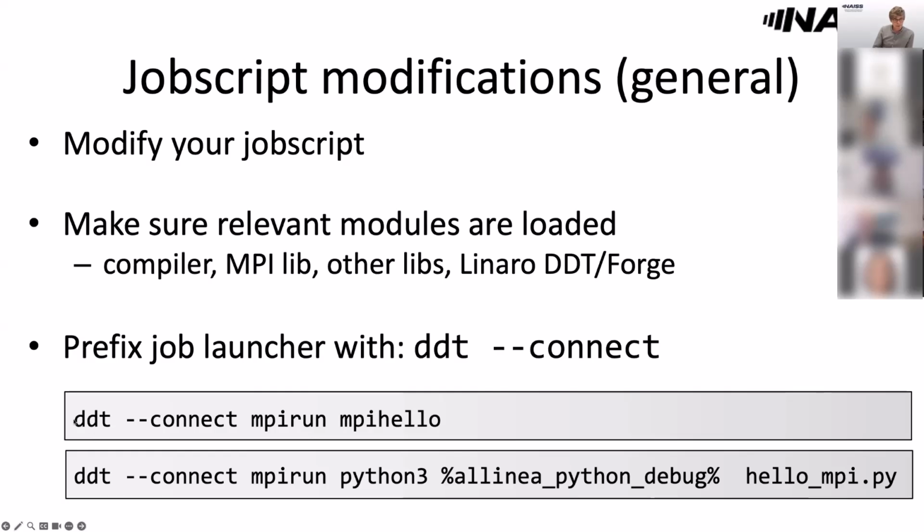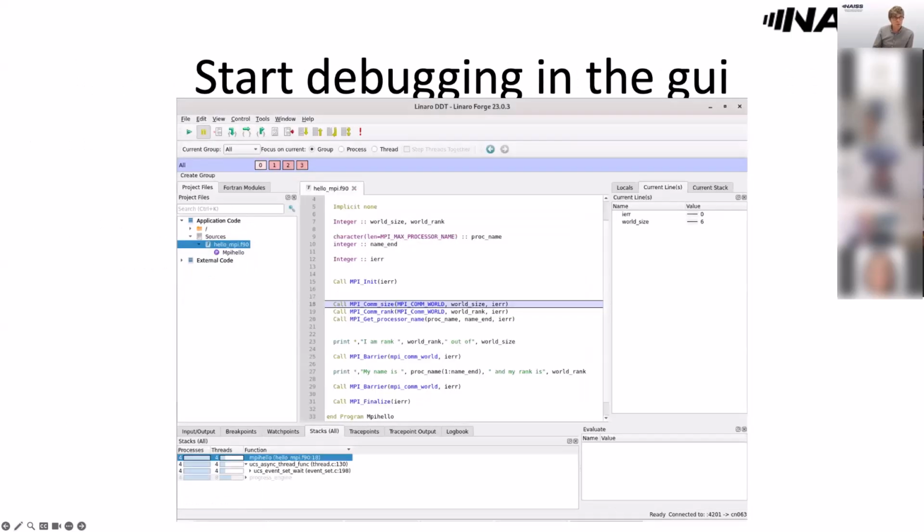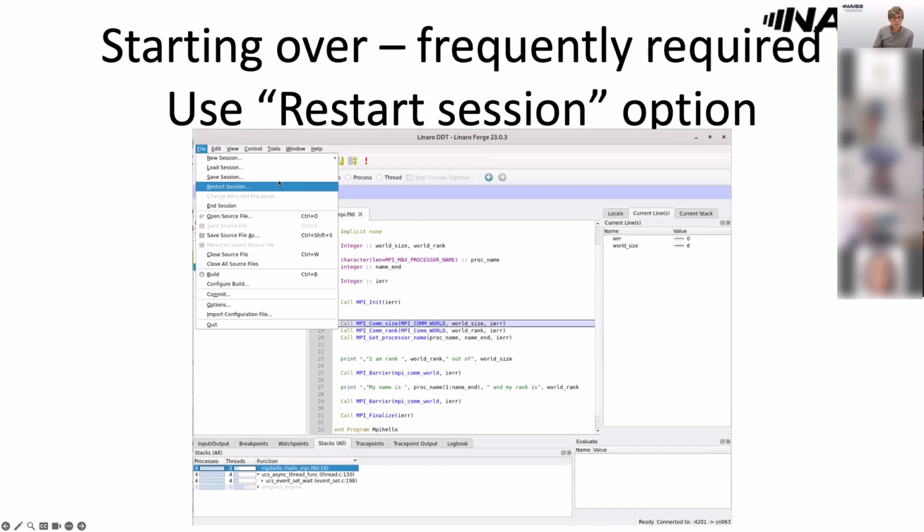But as far as Unix is concerned, in first place, DDT is the process which runs. It starts the process MPI run, and MPI run in turn starts MPI hello. So by using this feature here, you just tell DDT, please terminate the one MPI run and start a new MPI run. And then MPI run doesn't understand that it lives inside DDT. It just continues.